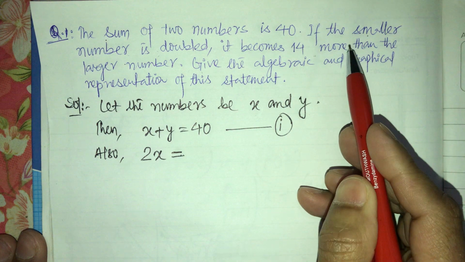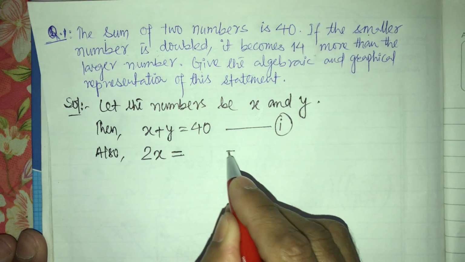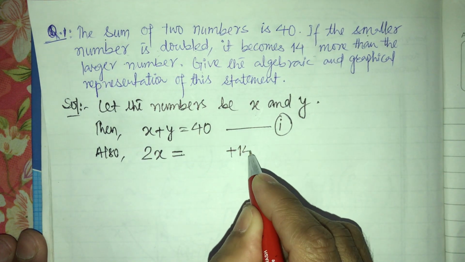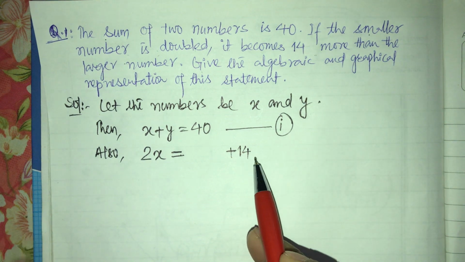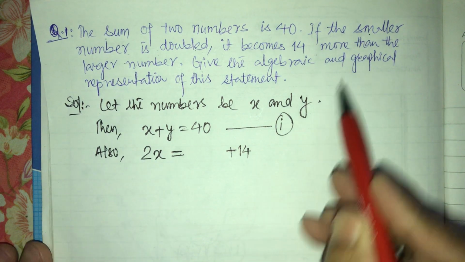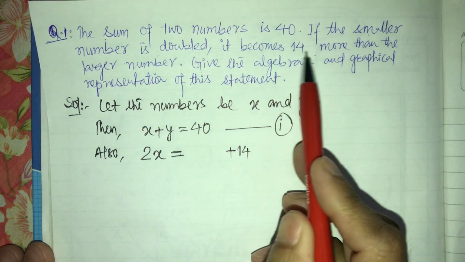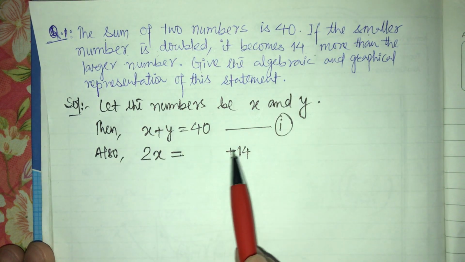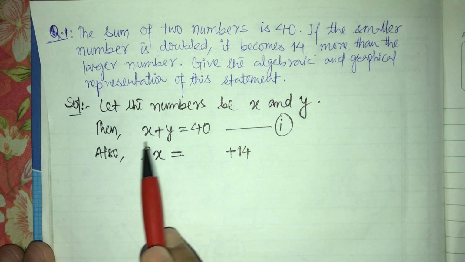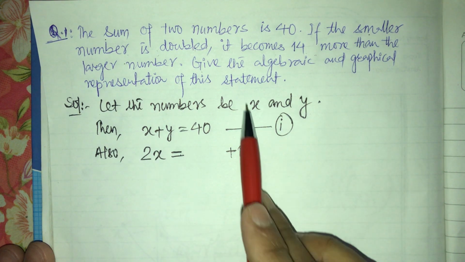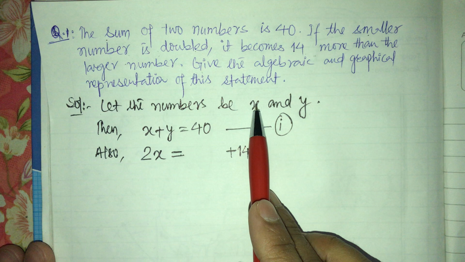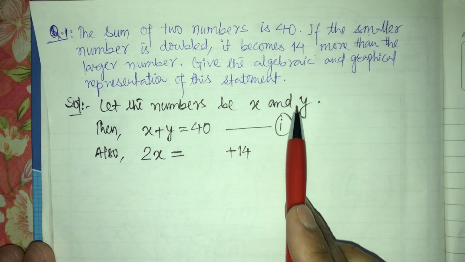So 14 more than, so we will add 14. 14 is added, right? Because it's more than, that's why I added. So when you double the smaller number, it becomes 14 more than the larger number.